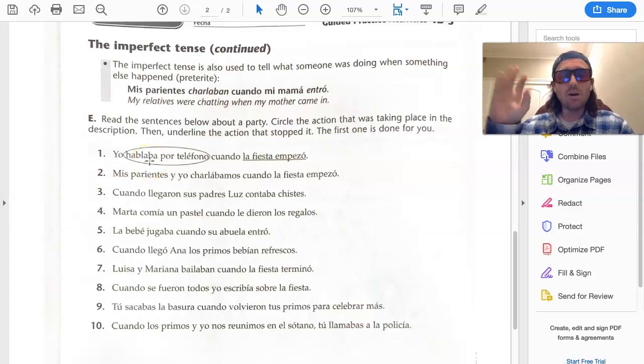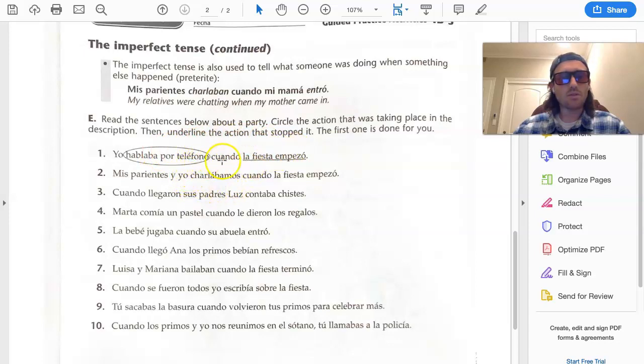Aba, abas, aba, abamos, aban for your AR verbs. You can see there hablar is in the imperfect. So we're going to circle that. And then the verb that's in the preterite, you're going to underline. Empezó. Empezó is a regular preterite ending, and you can find those on page 110. Circle imperfect, underline preterite.